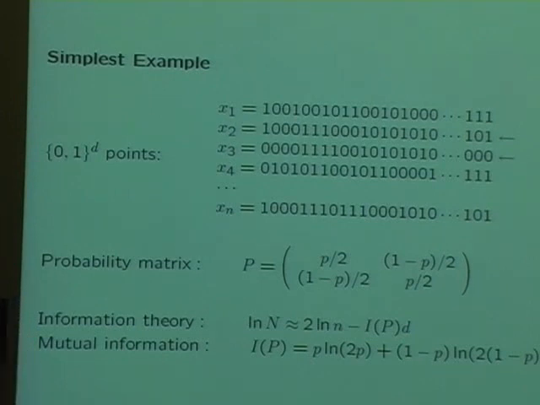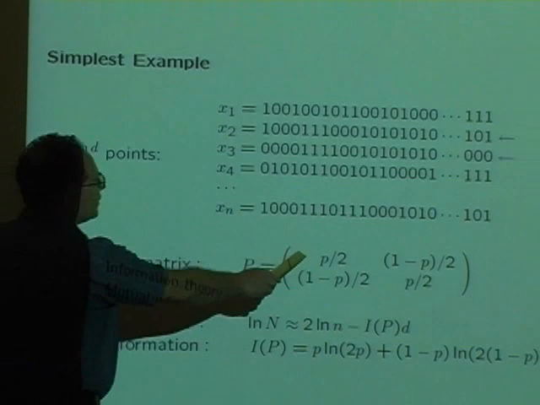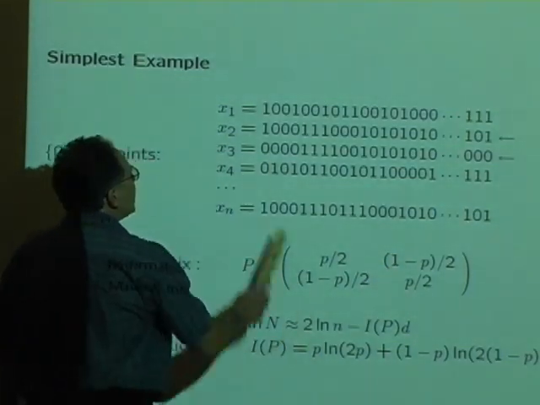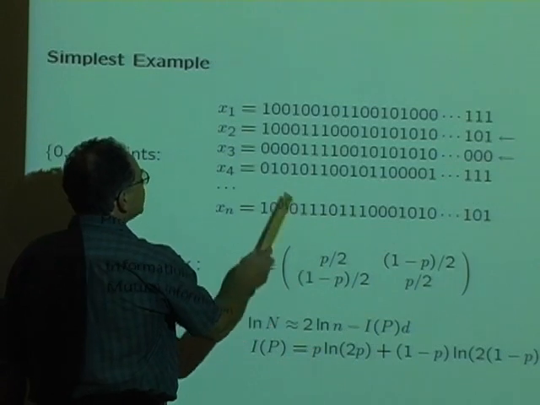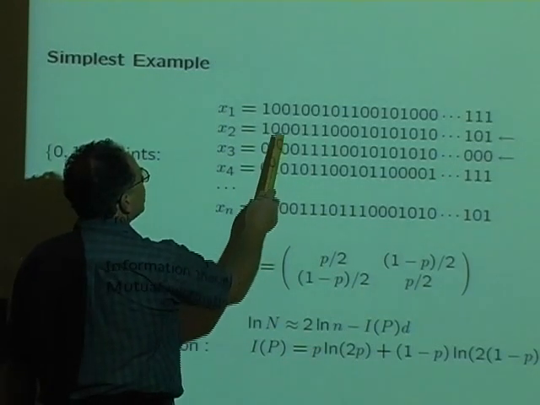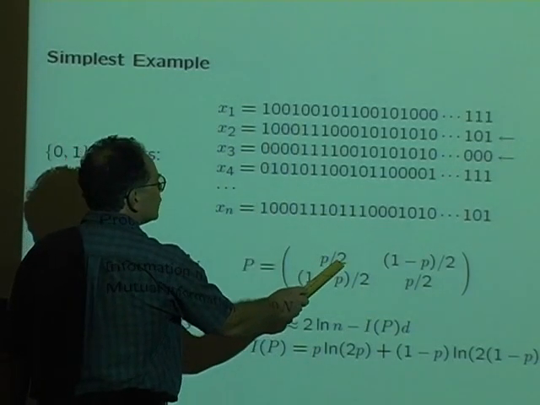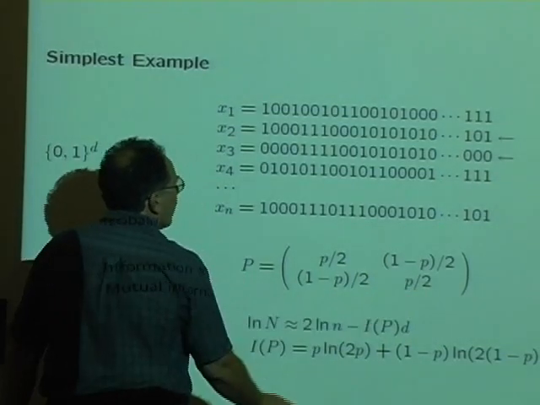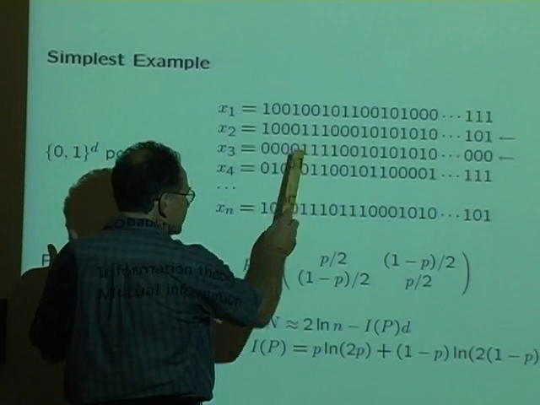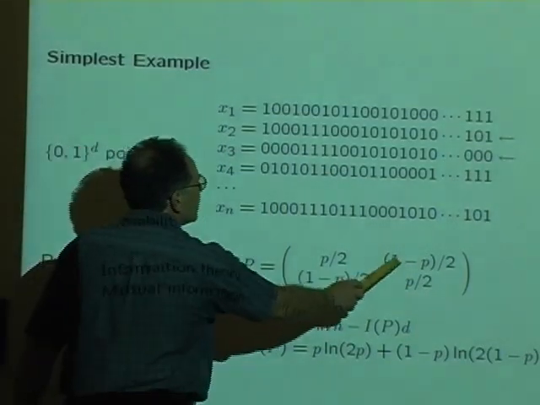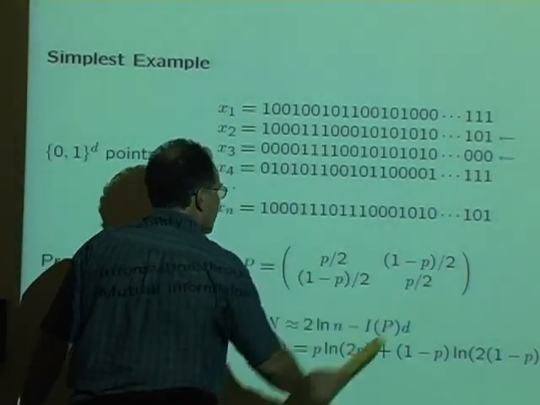So the way to present it is this: there is a probability matrix showing that in that special pair, the probability of having 0 both here and there is p over 2, 1 the same, while having 0 in one sequence and 1 in the other sequence is 1 minus p over 2.